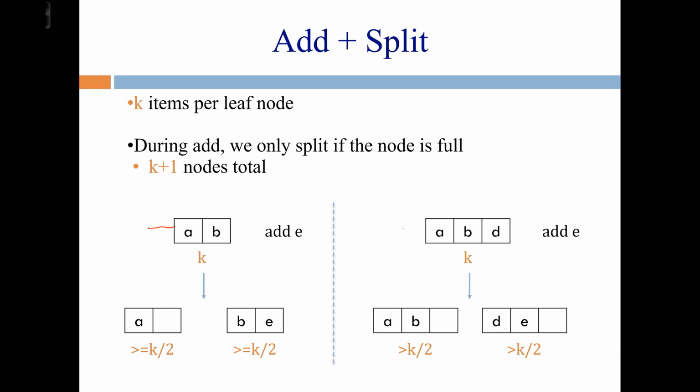So when it's an even number, it's trivial to see that we can take a full node and split it into two nodes and redistribute all of the items such that the two nodes are both half full. So even if we weren't adding a new item, we could split A and B into two nodes that are both half full. But we are adding a new item, so one of them is going to be even greater than half full. So it's easy to do that redistribution.